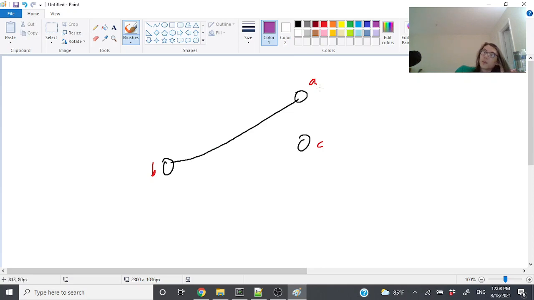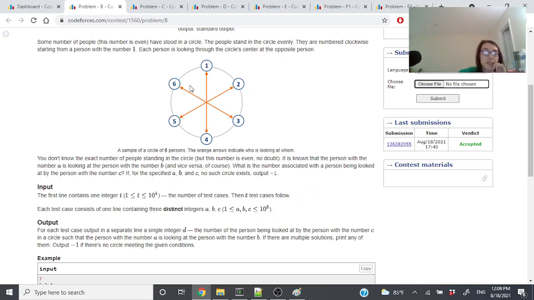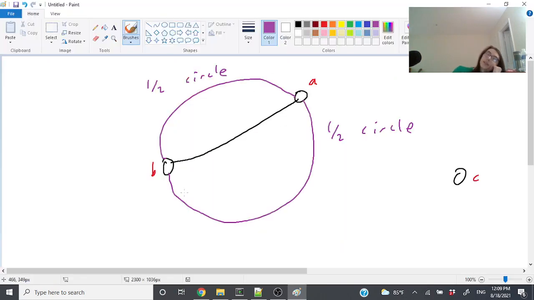Well, consider the way this circle works. We have A and B, then we have some circle here. Pretend it's a circle. Then we have A, we have half of a circle. We have B, we have another half of a circle. And then we go back to A. Pretend this is the same size as this, even though it's obviously not. The point is that A and B go down the middle.